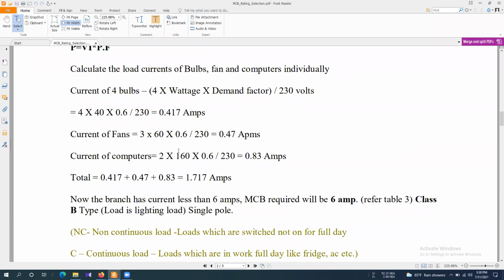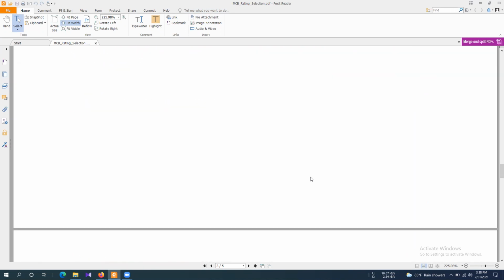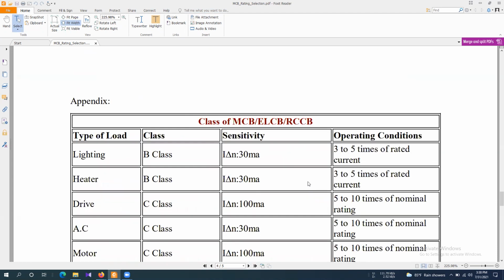And with this comparison of the current, you have to select the rating of the MCB. Now, what rating of the MCB will you select? That has been said: refer to table 3. So let us check what is in table 3. I have added some tables over here.